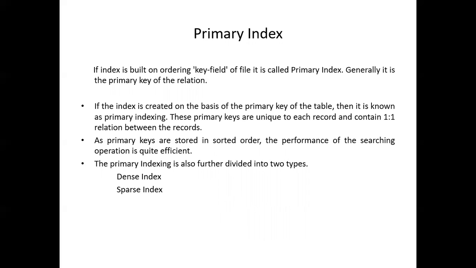These primary keys are unique to each record and contain a 1:1 relation between the records. As primary keys are stored in sorted order, the performance of the searching operation is quite efficient. The primary indexing is also further divided into two types: dense index and sparse index.